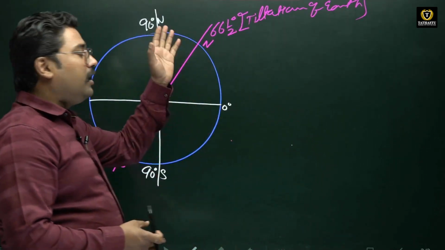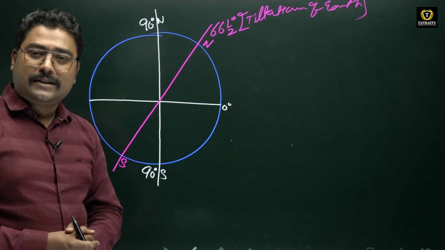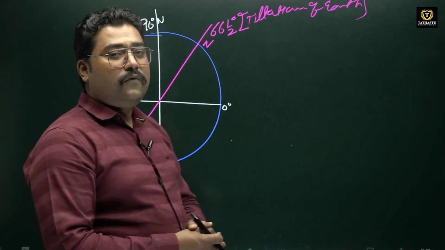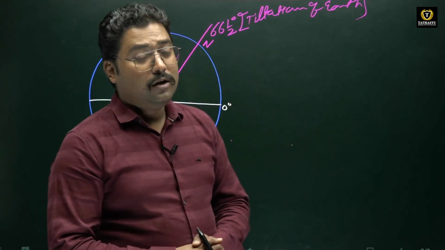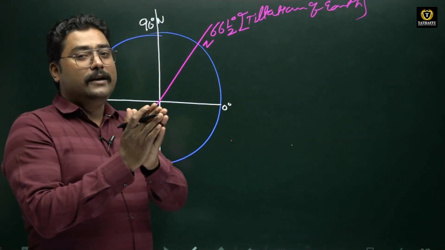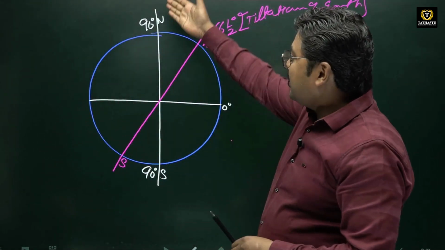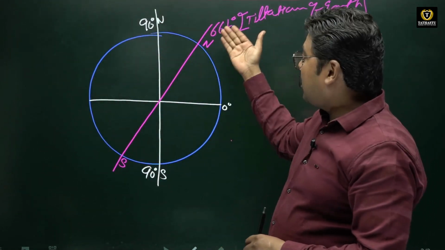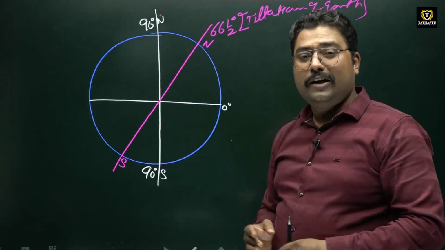Means the geographical north is basically the magnetic south and the geographical south is basically the magnetic north, and they do not coincide. Means they are not overlapping.